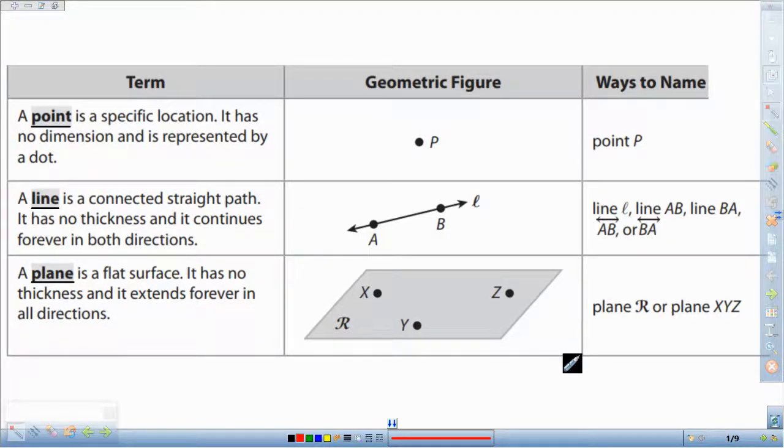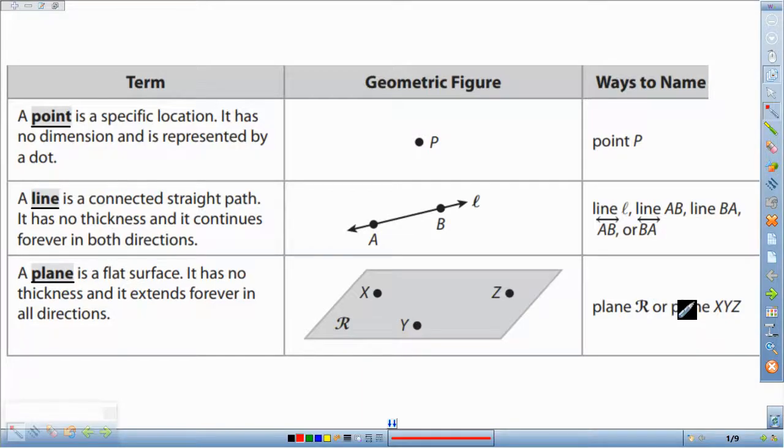You can see they have 3 points, X, Y, and Z, so we can call this plane XYZ. The order of those letters doesn't necessarily matter. We could have called it plane ZYX or YXZ. As long as you have 3 points, you can name a plane.